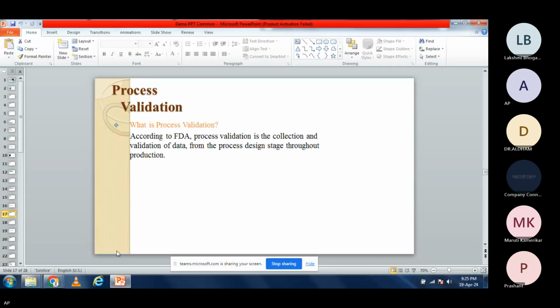But when we manufacture the third batch, it shows that the manufacturing process used is robust and validated. Validated for what? To deliver a product of consistent quality and consistent quantity also.